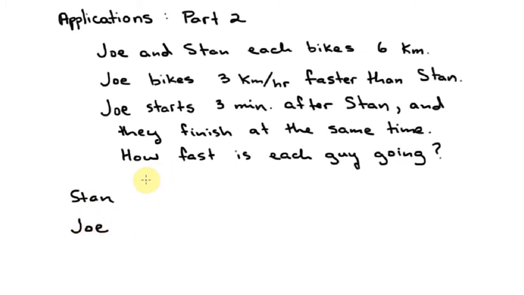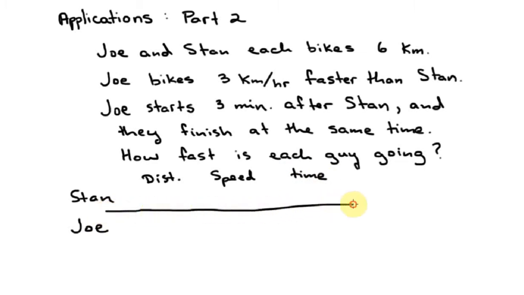And we're also dealing with distances, and we're dealing with speeds, and we're dealing with times. So basically we want to fill in this table here, okay, with these 2 different categories.